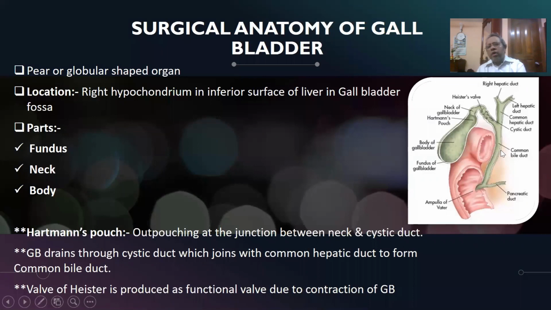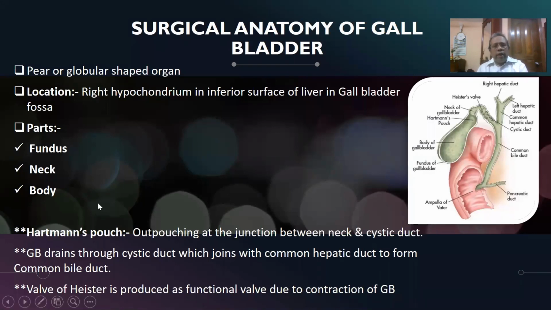The bile passes through the common bile duct, joins together with the pancreatic duct, and drains into the ampulla of Vater in the second part of the duodenum. On the medial aspect of the second part of the duodenum, the biliary tree is drained.